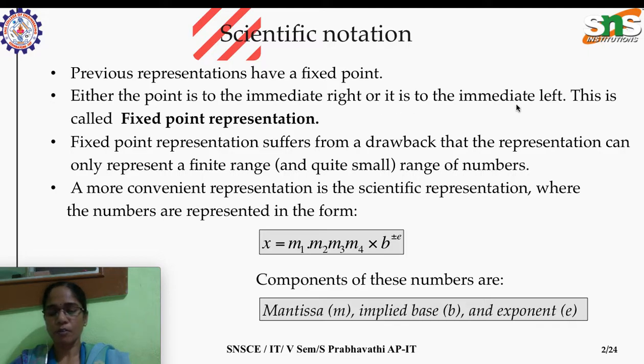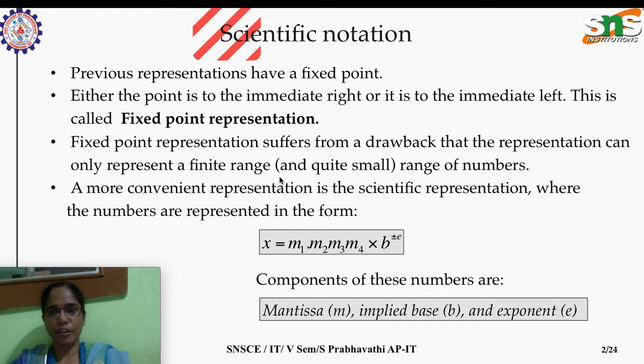In the previous example, after the decimal point we have some numbers, so the point follows immediately to the right or to the left of the given binary number. So that we are calling a fixed point representation.